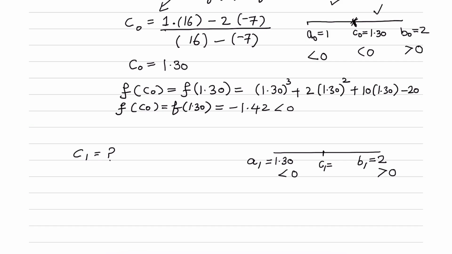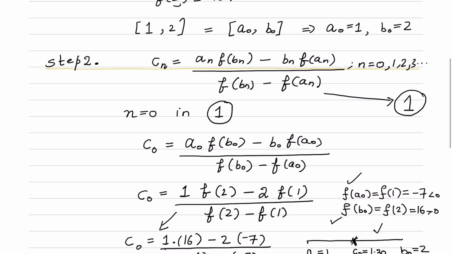So to find c1, we will put n equal to 1 in equation 1. When we put n equal to 1, we have a1 f of b1 minus b1 f of a1 over f of b1 minus f of a1.